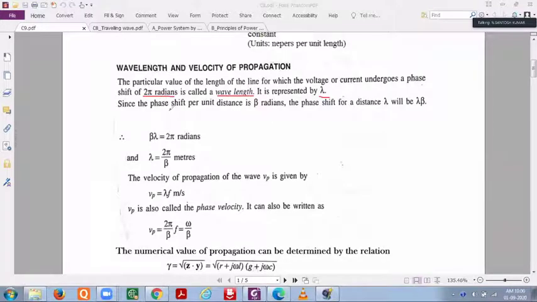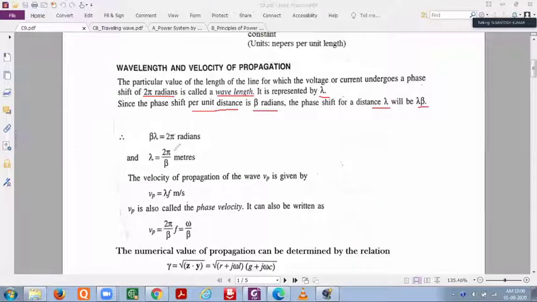So from this I can say, suppose if I take the phase shift per unit distance is beta radians, then phase shift for distance lambda will be lambda beta, right? The point is, now I'm measuring the phase shift, because for one cycle the phase shift is 2 pi radians.